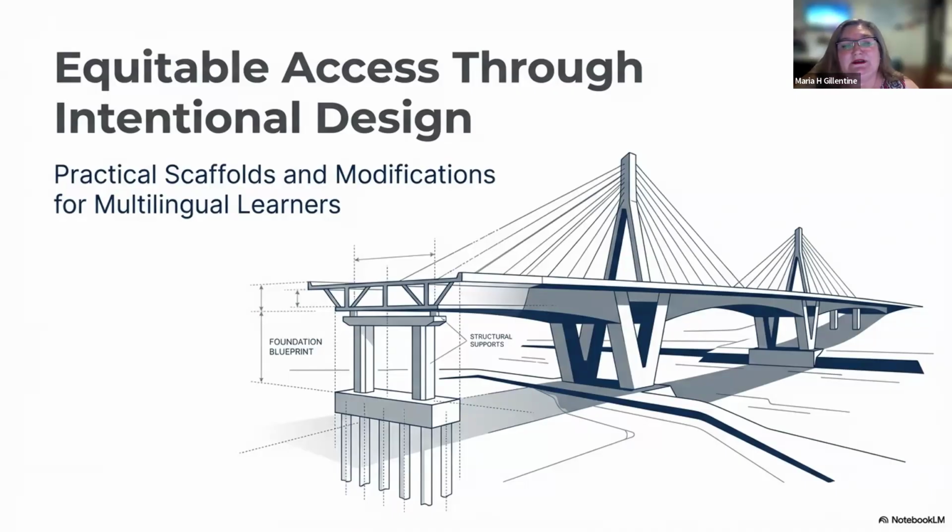So throughout this presentation, we'll examine practical scaffolds and modifications aligned to language proficiency levels. We'll discuss how supports evolve as students gain proficiency and how we can collaborate to help ensure consistent access across the classrooms. And hopefully by the end of the session, you'll have a framework for selecting appropriate supports that allow students to access rigorous instruction while continuing to develop academic language.